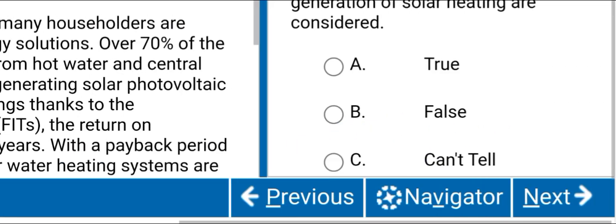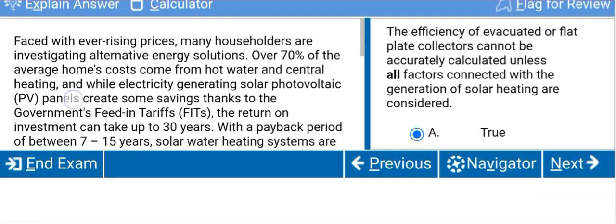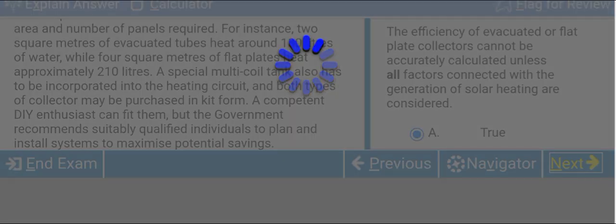So that's why we have option A, which is true, is the correct option for this question. That the efficiency of evacuated or flat plate collectors cannot be accurately calculated unless all factors connected with the generation of solar heating are considered. True.